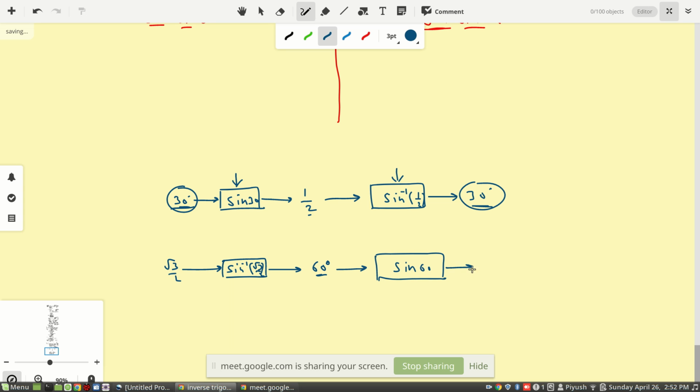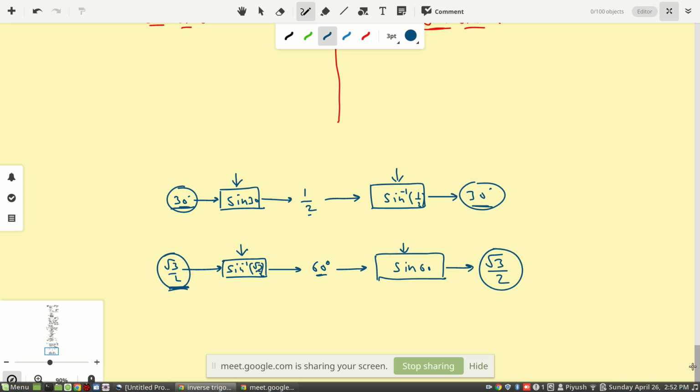So sine 60 is root 3 by 2. So initially you have taken root 3 by 2, and finally you are getting root 3 by 2. Initially you took sine inverse and then sine, these negate the effect of each other, and that's why you are overall getting the same thing you had initially. So that is the rough idea.